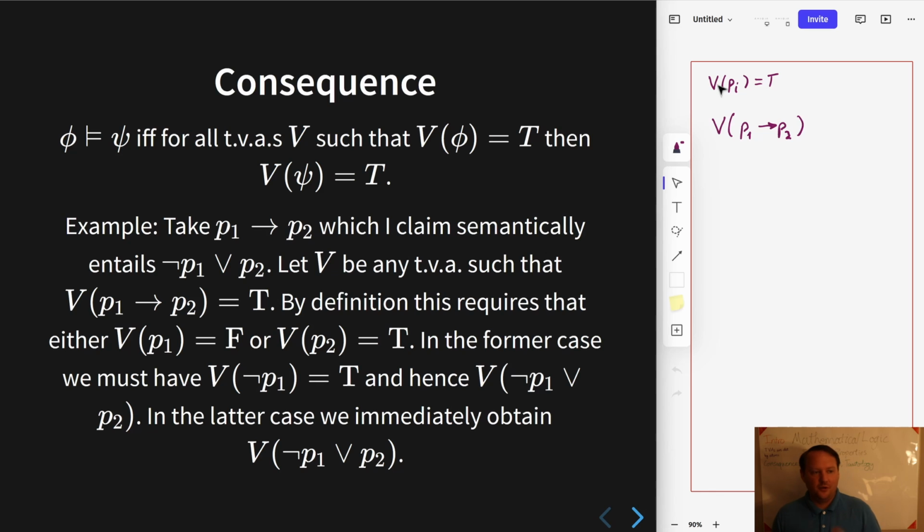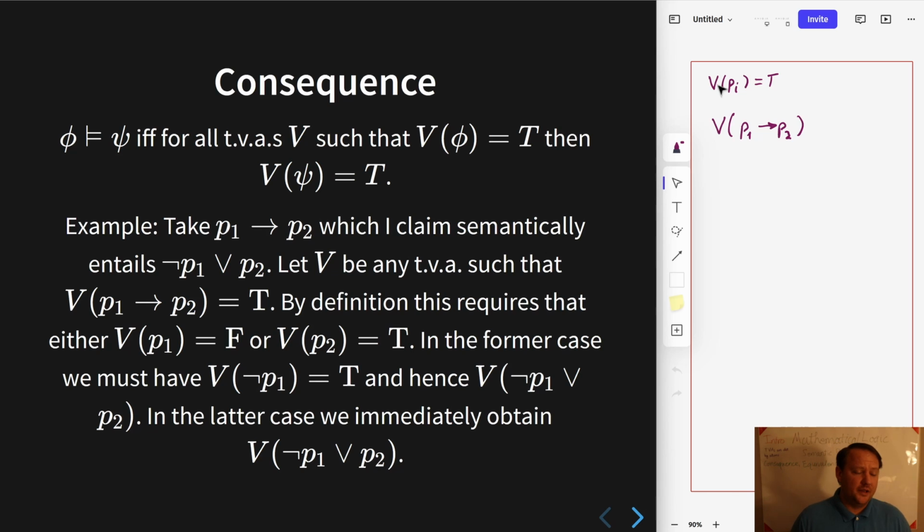Formally, technically, we're taking all of this to be prefix notation. So every time you see infix notation, we are rewriting that in our minds as prefix notation, and all of our claims are technically in prefix notation. But anyway, okay.